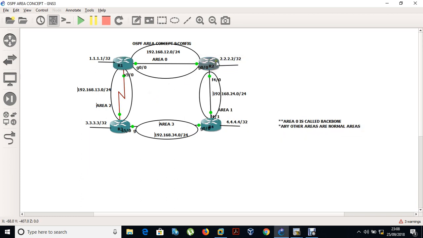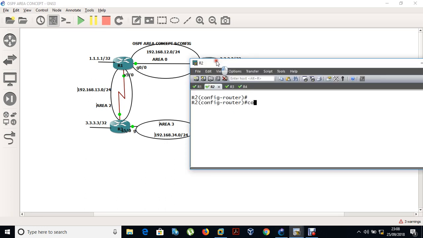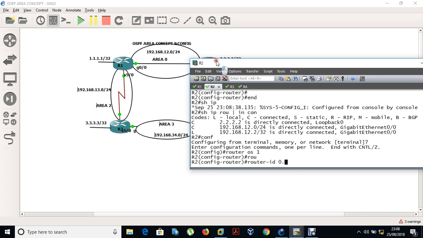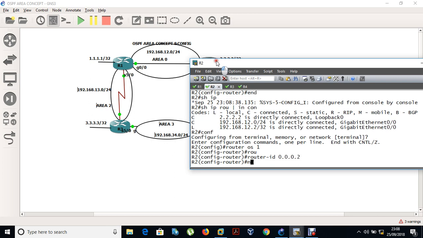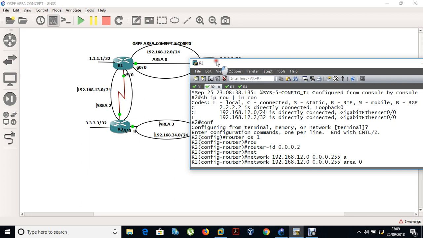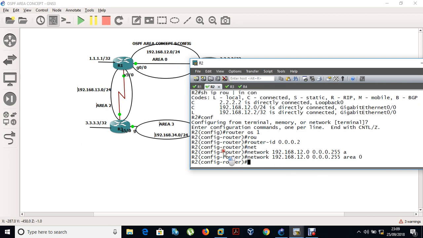Let me go back to R2 and say show ip route | include connected, then router ospf, router-id 0.0.0.2. Then network 192.168.12.0 0.0.0.255 area 0, because this network is a member of it.